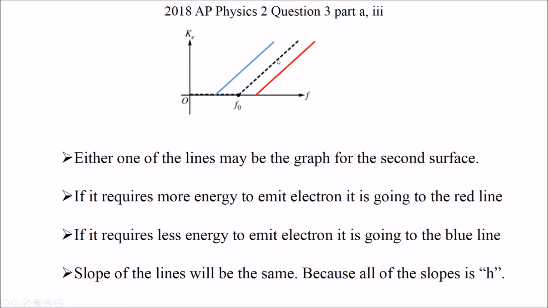So all of those three lines should go in the same direction. The slope must be the same. But if the metal requires less energy to emit electrons, then it's going to be the blue line. If it requires more energy to emit electrons, then it's going to have a higher threshold frequency, meaning higher energy to be able to emit electrons, so it's going to be further from that dashed line.